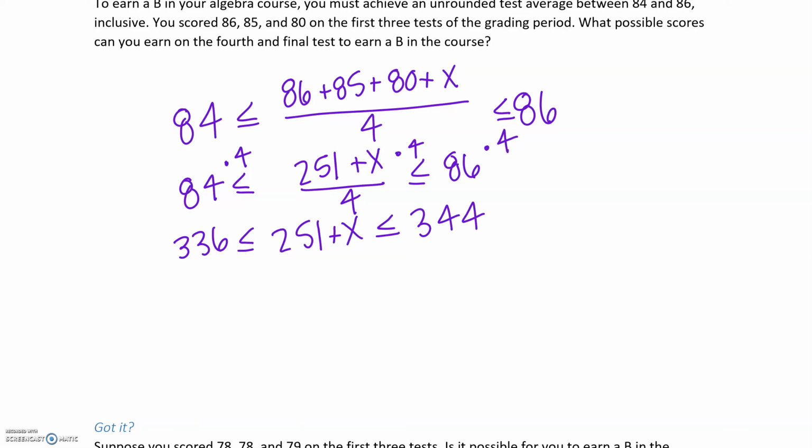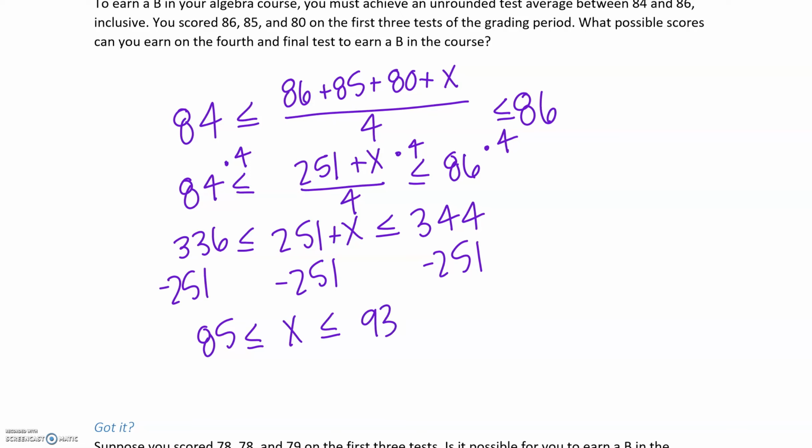Our last step is to subtract this 251 from all 3 sections. That leaves us with 85 is less than or equal to x is less than or equal to 93.